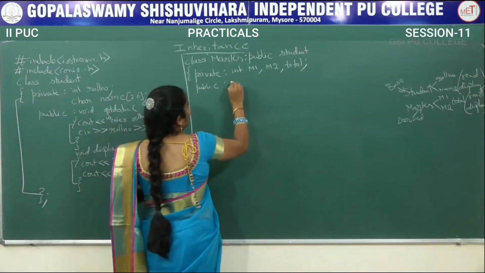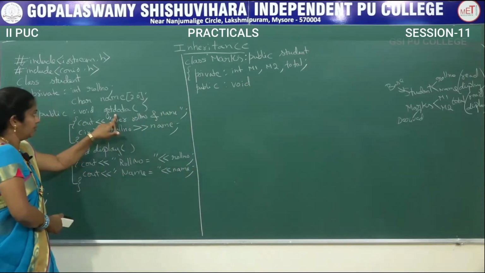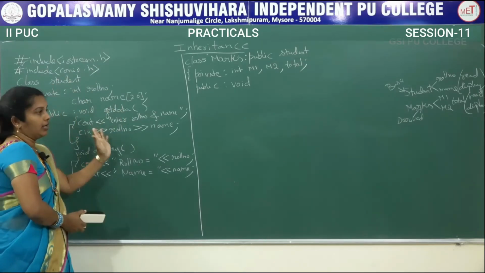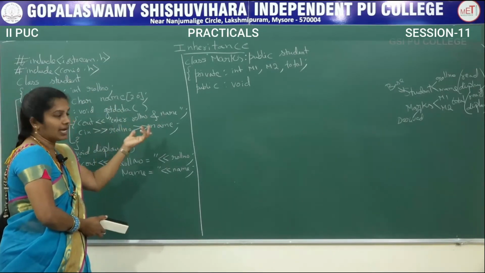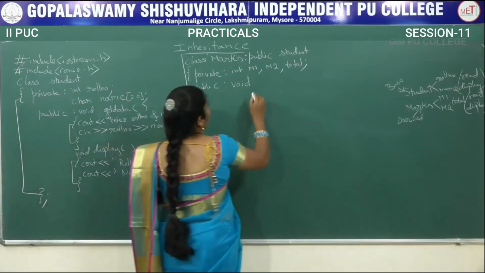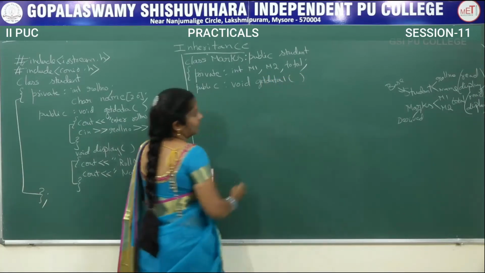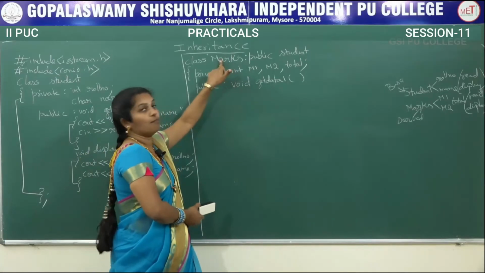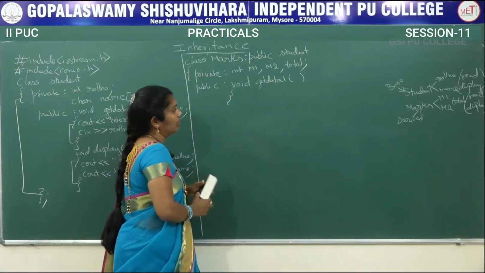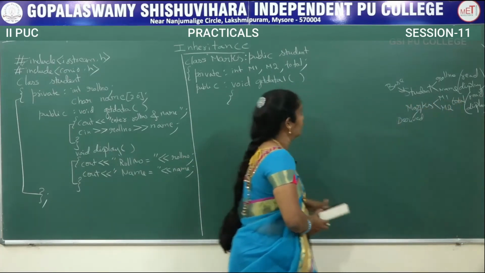First, I am to write void. Already I gave one function name, getdata, in the base class student. ಇವಾಗ derived class ಗೆ ಇನ್ನೊಂದು functions ಬೇಕು. Here I took getdata, now I am to write it as getdata1. Getdata1 is the function of the marks class. Now which variables do I have to input? I have to input marks1 and marks2, then I have to find total.